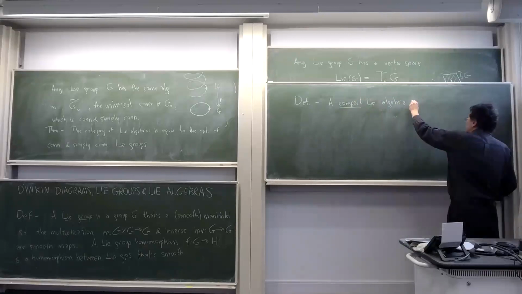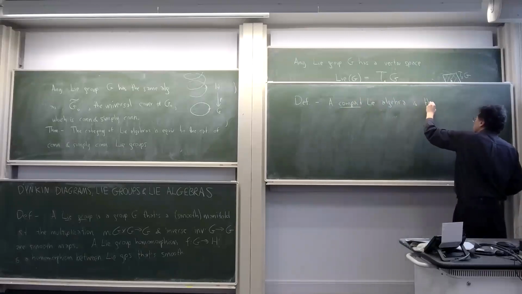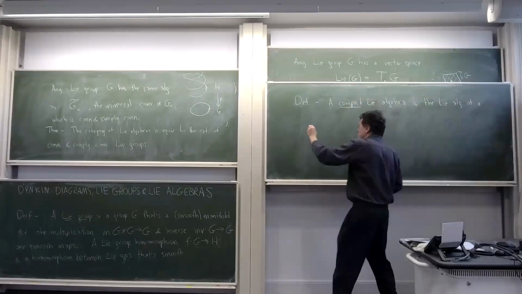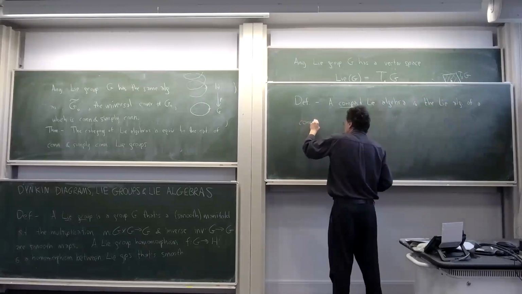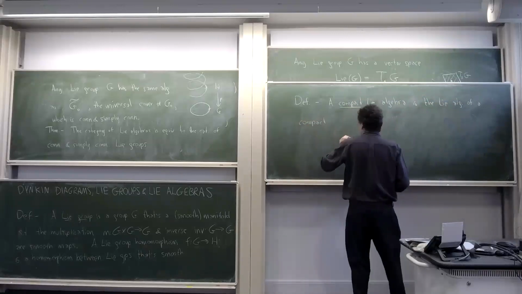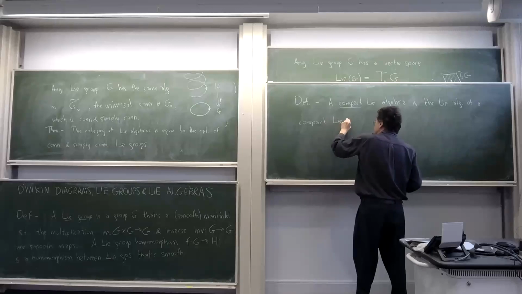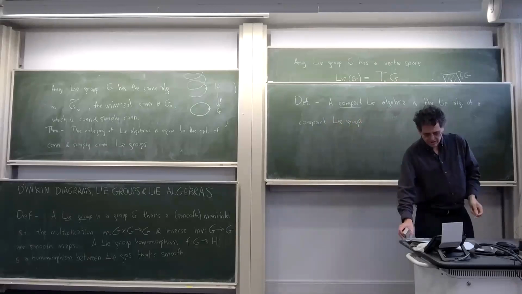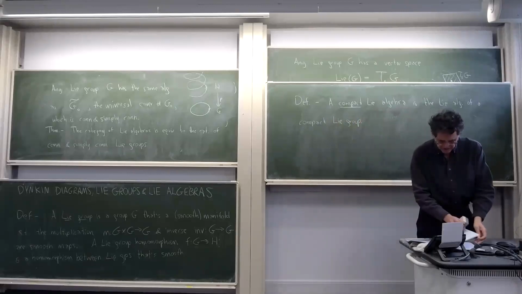But what I mean by that is a Lie algebra isomorphic to the Lie algebra of a compact Lie group. And it turns out that these we can manage to classify.